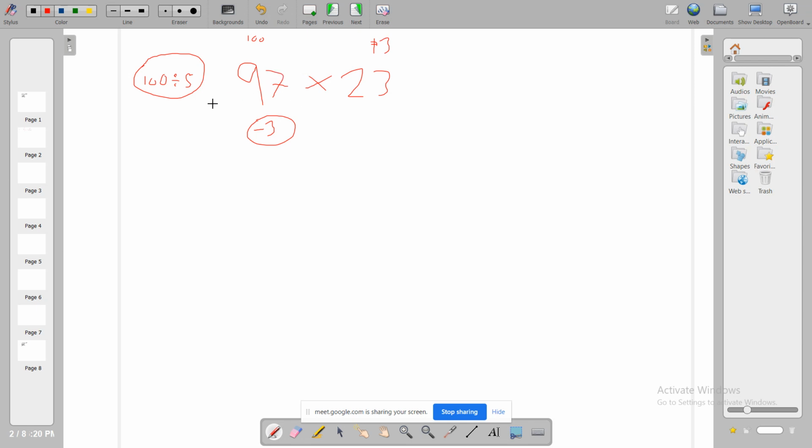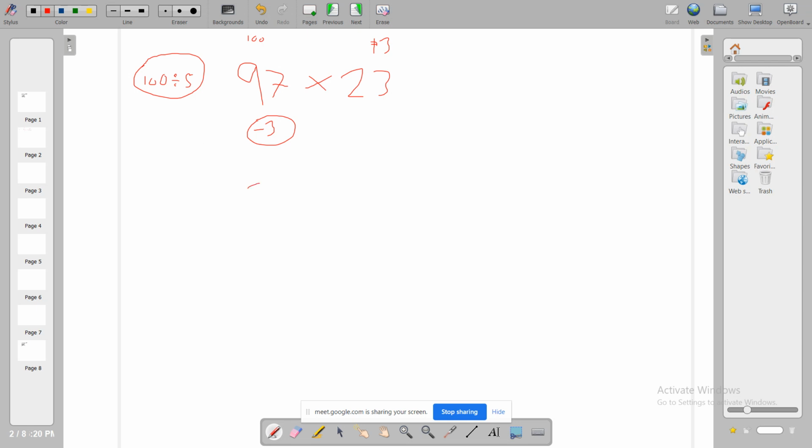Because we are using two reference numbers, we cannot do the cross way, so we need to find a third number, and to get it we have to divide. We are going to divide this number by this, so 3 divided by 5.